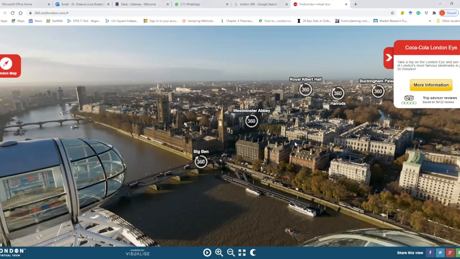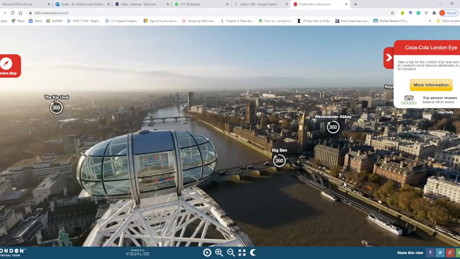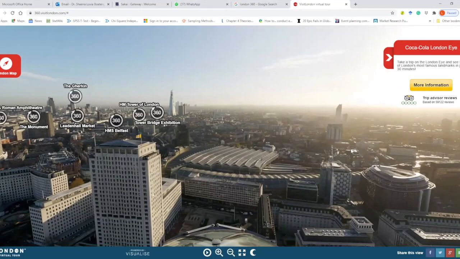Please, where do we go? Should we go to Harrods? Some of us, we like shopping. Or we should go to Big Ben. Where do we go to? I think we should go to Harrods. Big Ben. Okay. We can actually go around the city. So are we going to Tower of London, HMS Belfast?